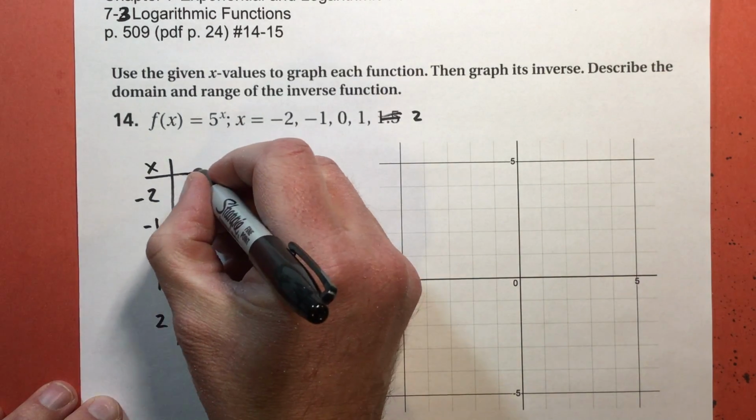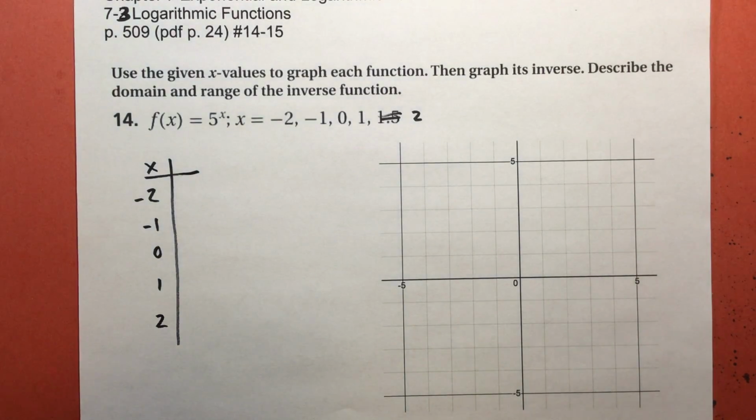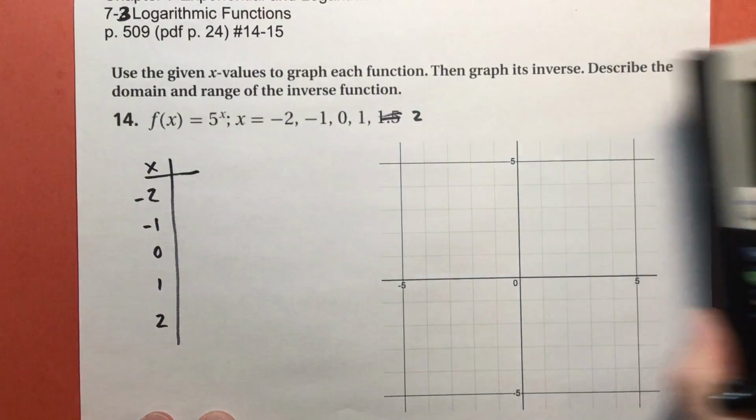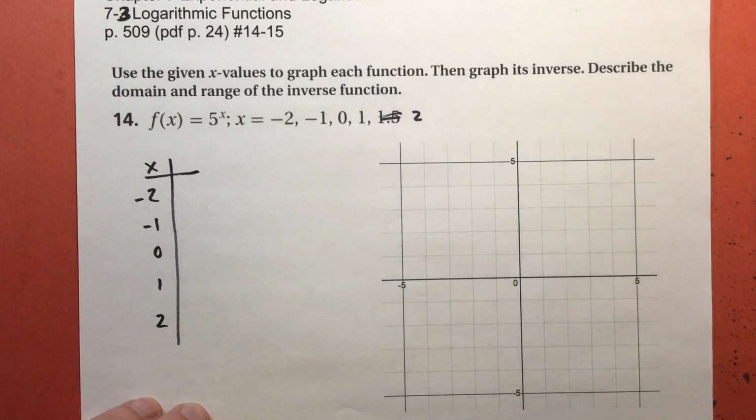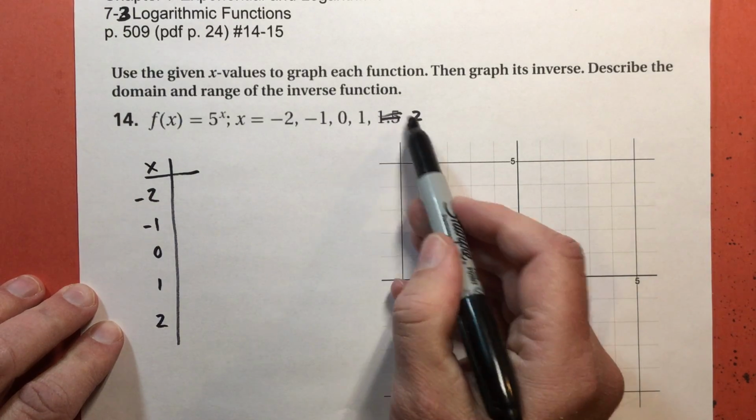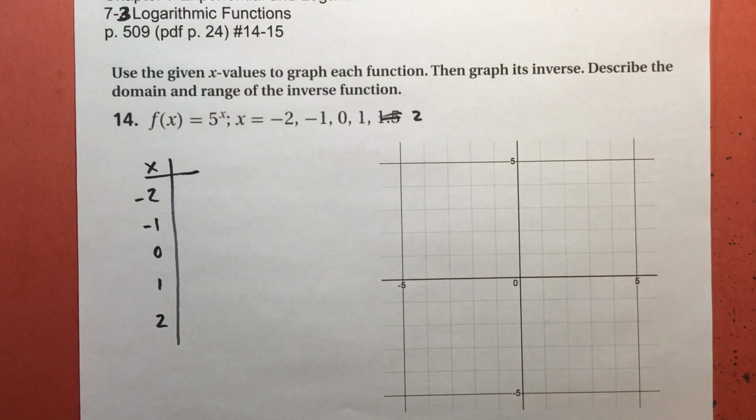I know what the powers of 5 are. 1.5 is the square root of 125, and you'll learn about that in chapter 8, which is going to be irrational. So I'd have to estimate it. And when we're done, I'll show you what 1.5 was with the calculator. So I'm going to change that to a 2 so that we can do it in our head.